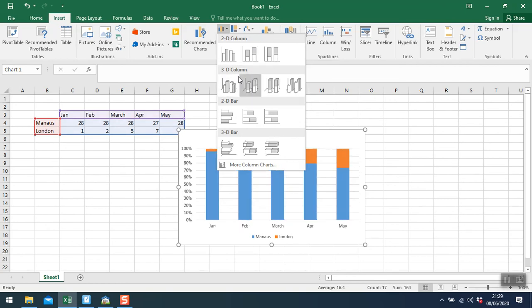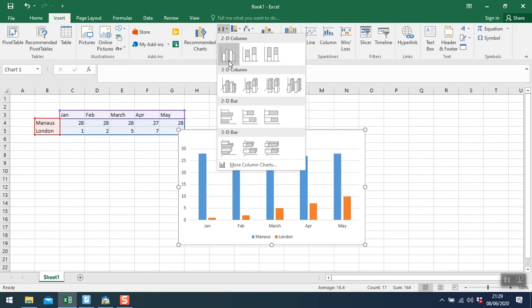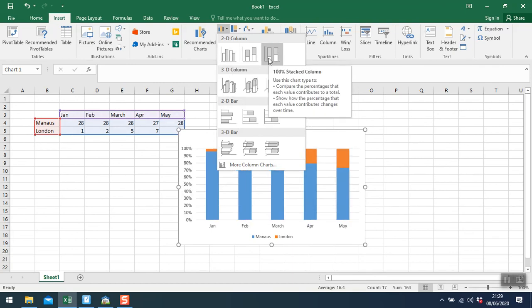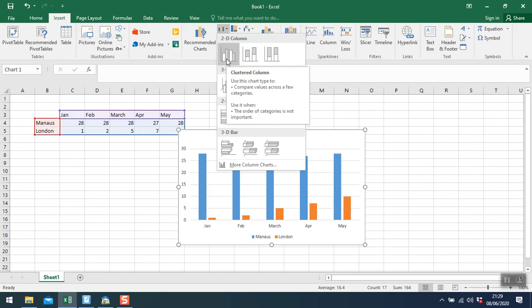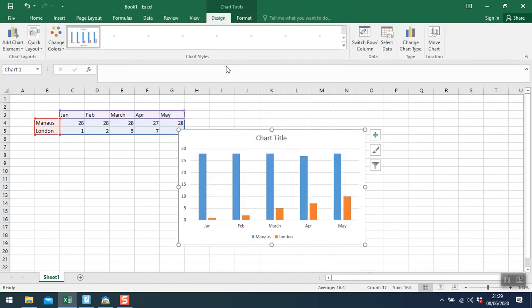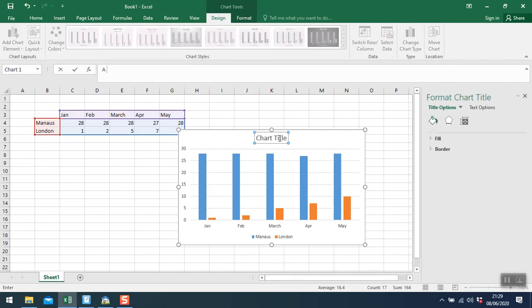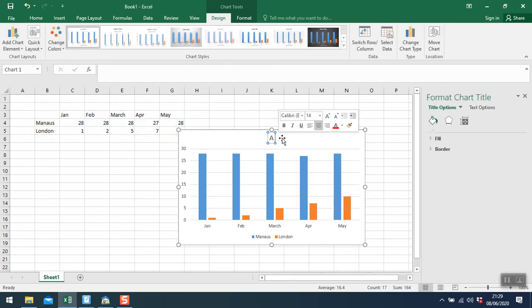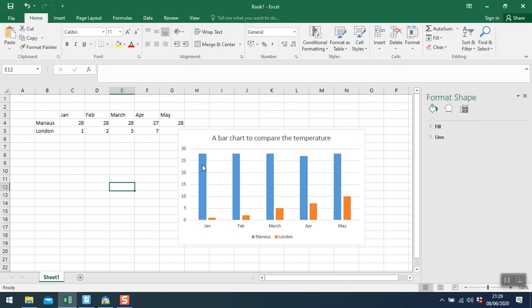I would like the bars to be next to each other. I don't think that's very effective. So I'm going to go with this one. And then I need to give it a title. So a bar chart to compare the temperature. And we've got Manaus and London in keys. So all the blue ones are Manaus and all the orange ones are London.